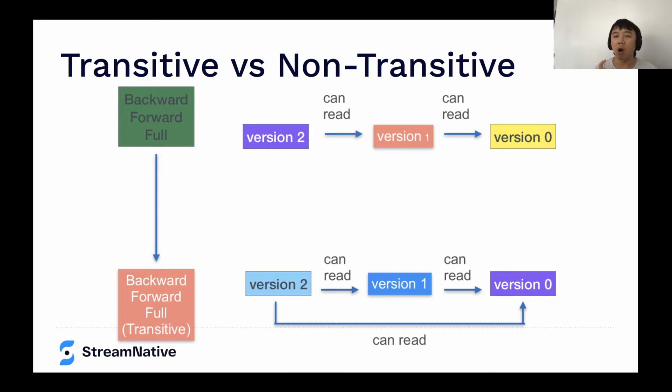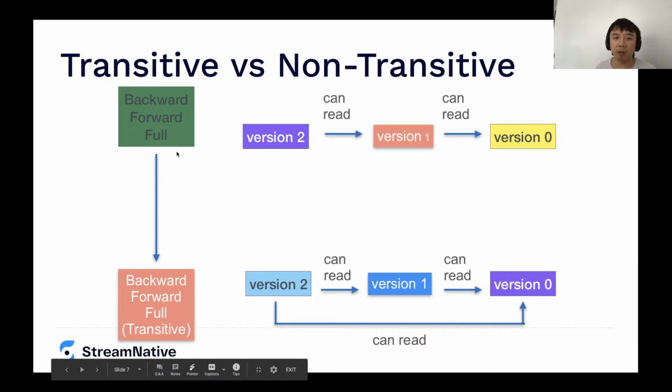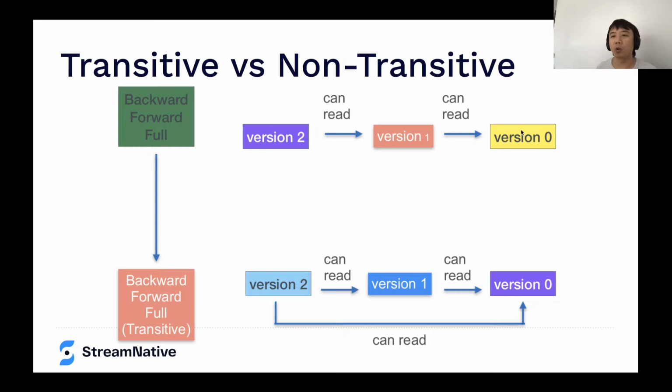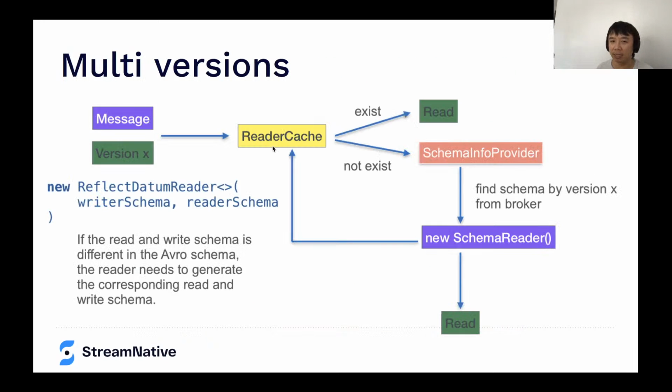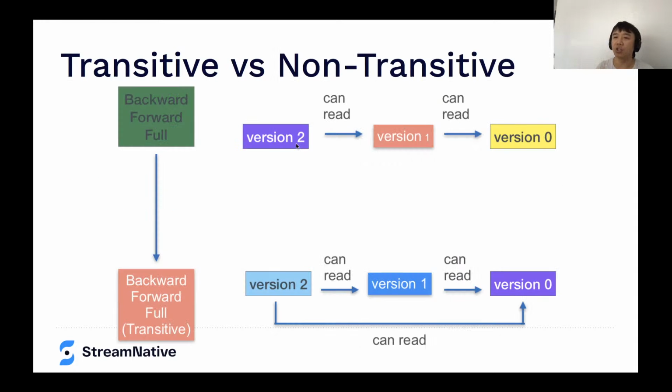That means all the compatibility checks only apply to the latest version. So version 2 is able to read version 1, and version 1 is able to read version 0, but there's no guarantee that version 2 is able to read version 0.